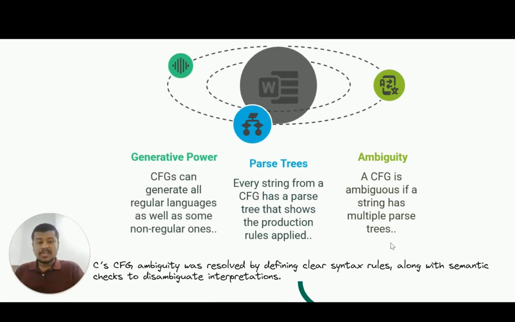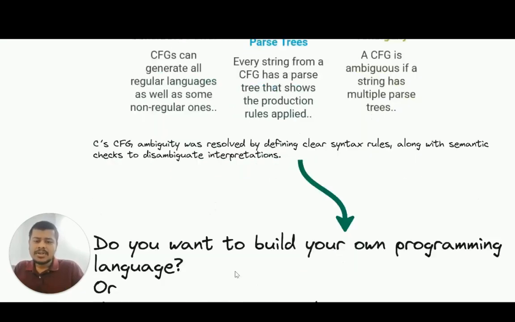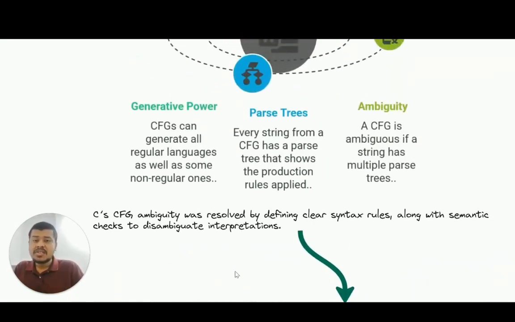So these are the main 3 characteristics of CFG. All right. So this is how we resolved it. But even after resolving, we were only able to do justice for programming languages, not for natural language, because CFG is still not great.